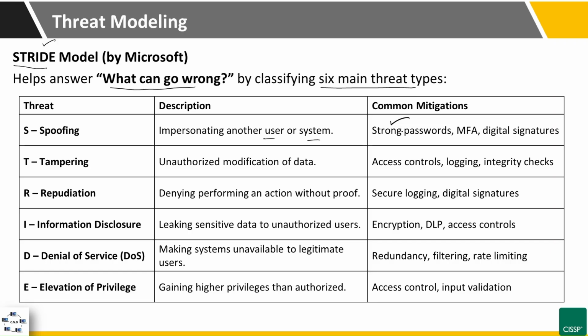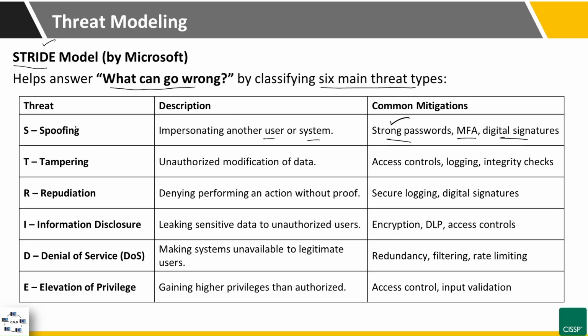So a mitigation technique against password guessing or password stealing is to use a strong password. Even more secure than a strong password is MFA, a password along with other factors such as biometrics, a fingerprint sensor, etc., and digital signatures. A digital signature also gives us authenticity, the origin of the user.